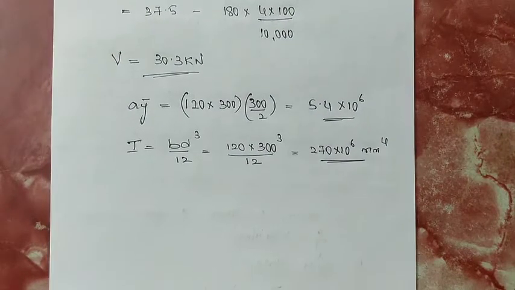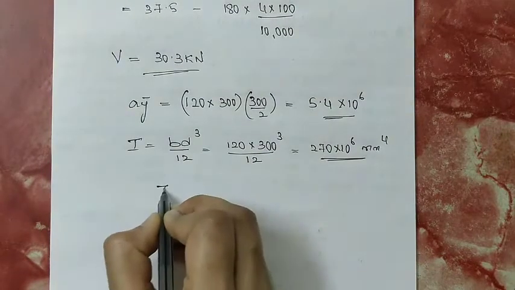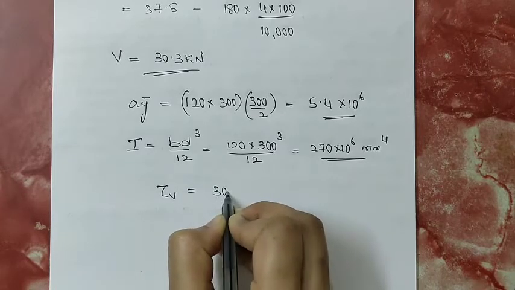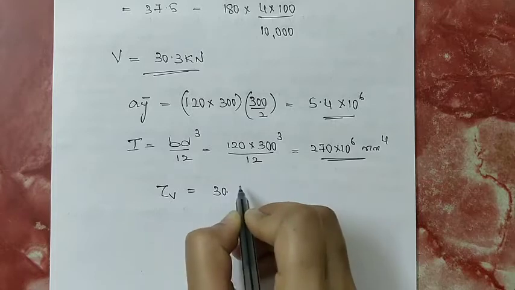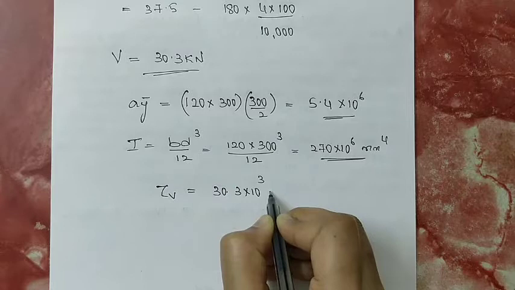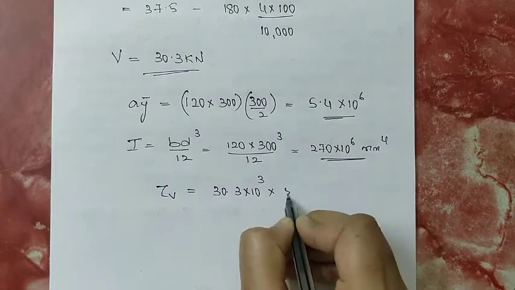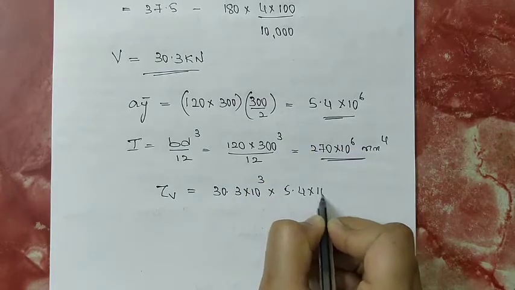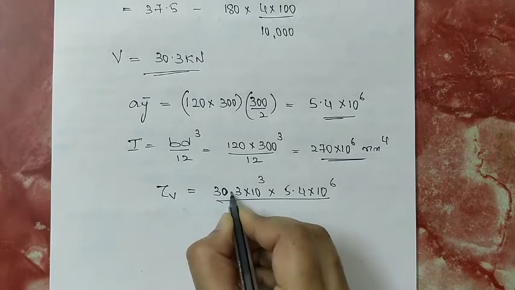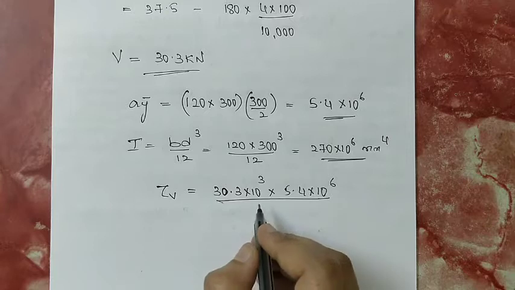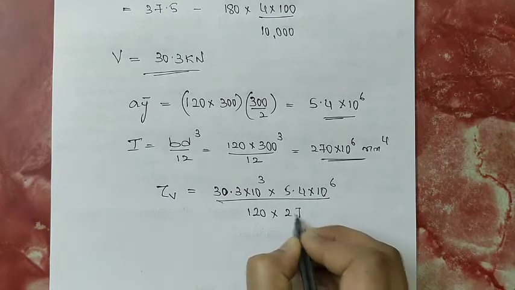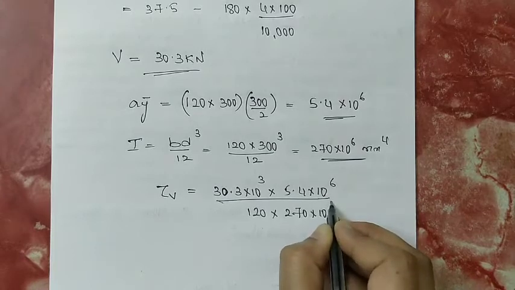Then substitute all the value in this shear stress equation, that is tau V. V is 30.3 into 10 to the power of 3 multiplied by A into Y bar, that is 5.4 into 10 to the power of 6 divided by B value, it is 120 into I value is 270 into 10 to the power of 6.